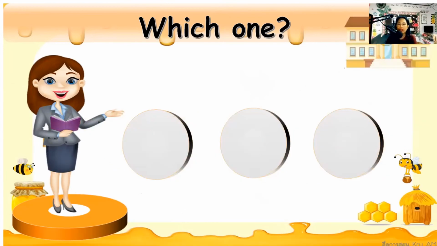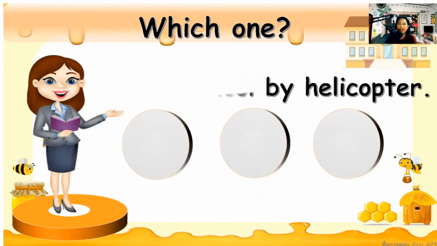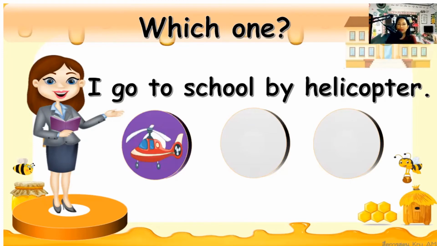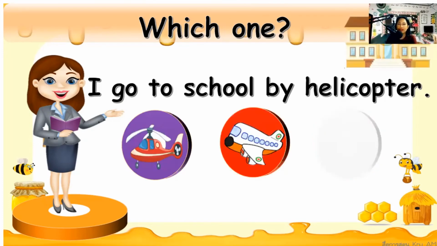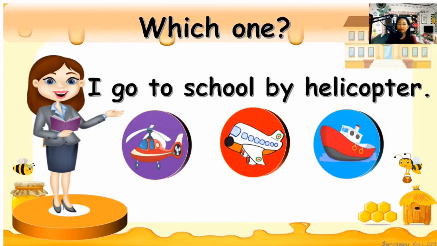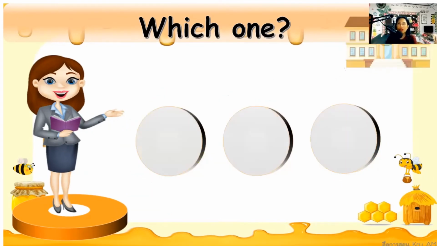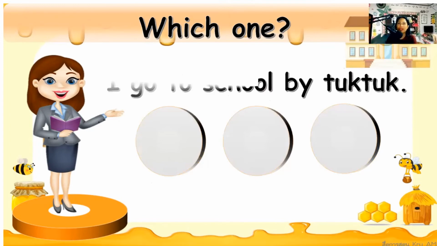Let's keep moving. Which one? I go to school by helicopter. Helicopter. Which one is helicopter? Is it the first, the second, and the third? Good job. It's the first picture. Which one? I go to school by tuk-tuk.